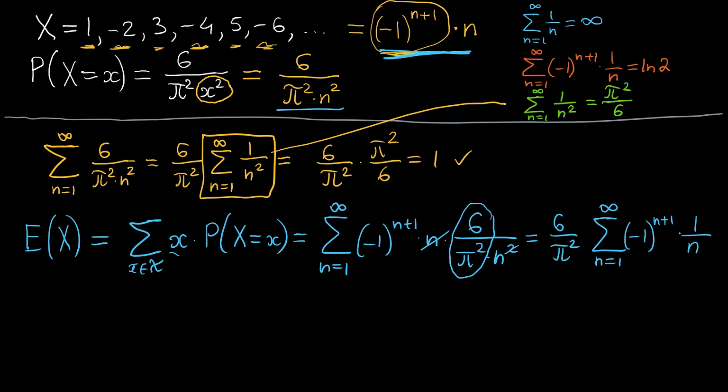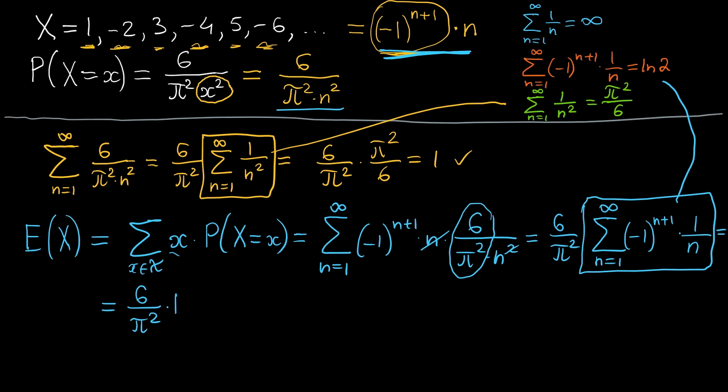And we are once more in luck because we know what that is. And therefore what we get for the expected value is 6 over pi squared times the log of 2.